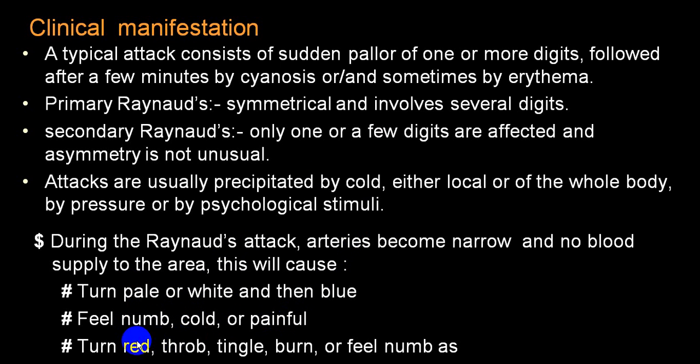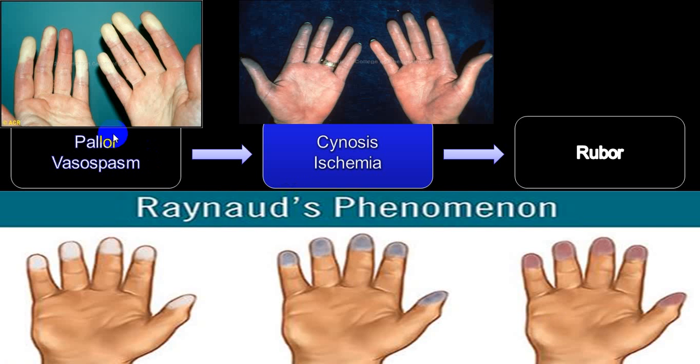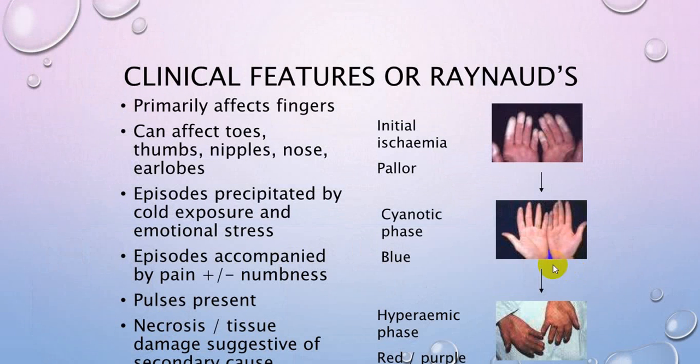When it turns red, there is a throbbing pain, and a tingle or burning sensation may still be there, and later on it disappears. So pallor, cyanosis, and then followed by rubor. So you have got the pallor, cyanotic phase, and hyperemic phase.